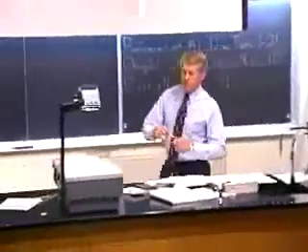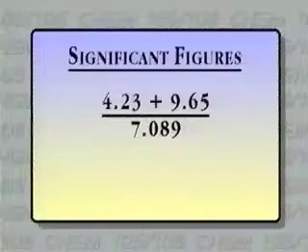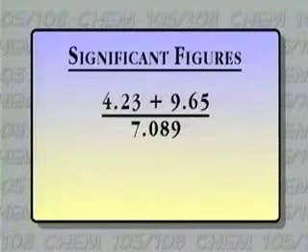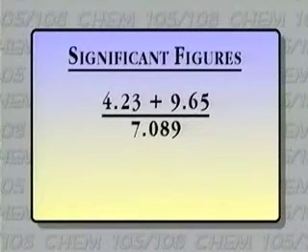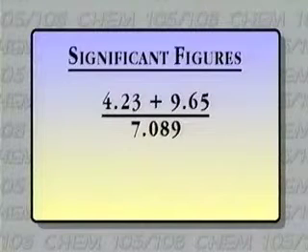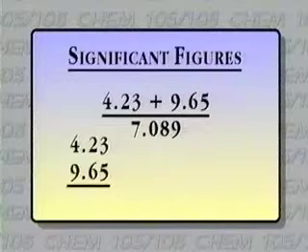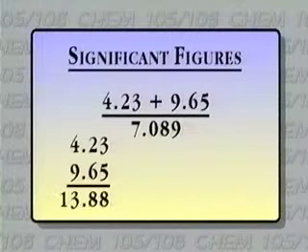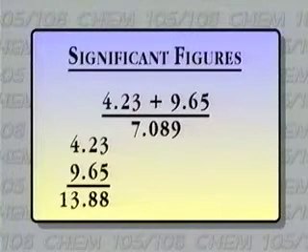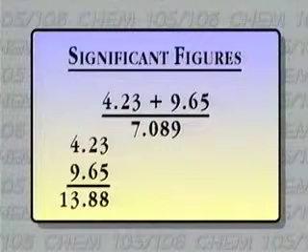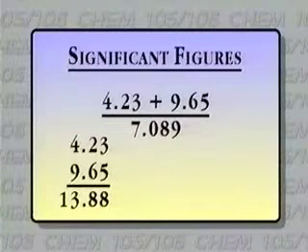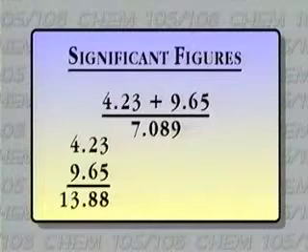I said we're first going to take care of the first part. So what we're really going to be doing here is 4.23 plus 9.65. We'll add those together, and we get 13.88, and all of those digits are allowable because we have two places after the decimal in both numbers.